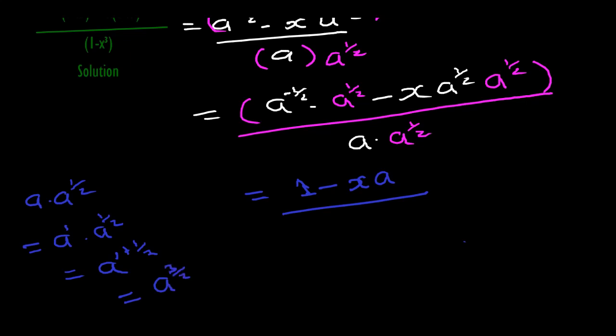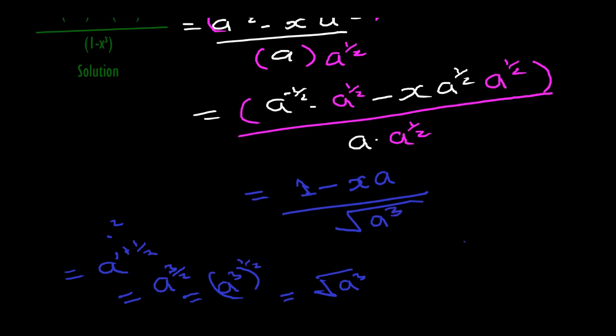So a raised to power 3 over 2 can be written as a raised to power 3, then all that raised to power half. A power outside multiplies with the power inside, so 3 over 2 is the same as 3 times a half, which is the same as the square root of a cubed. Fractional powers are roots, so a half is square root.